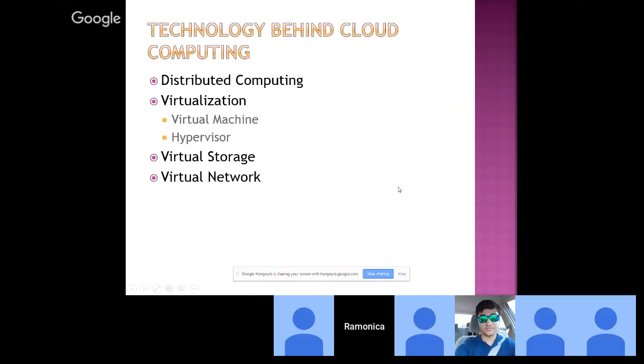Technology. I've listed a couple of technologies that are behind cloud computing. And the first is distributed computing. The infrastructure of cloud computing uses distributed computing to connect clients with resources such as applications or data.